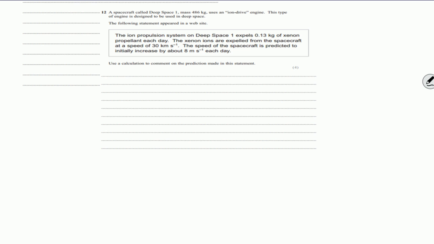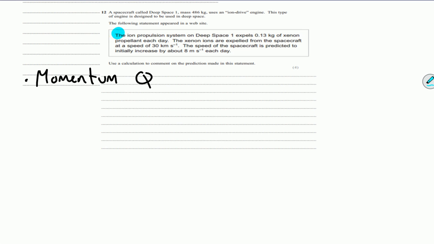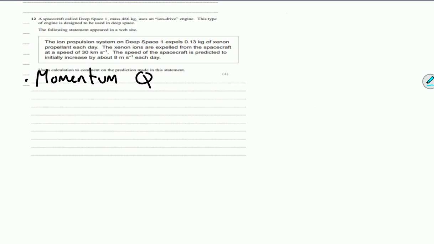Space 1. The first thing that we should be thinking is this is clearly a momentum question. Now there are some important points here that I think we need to be really aware of before we do anything else.